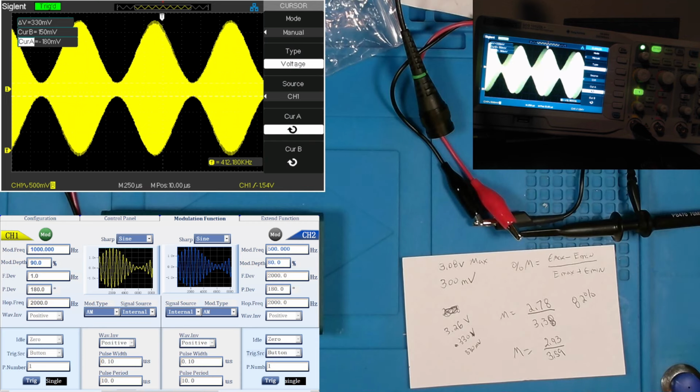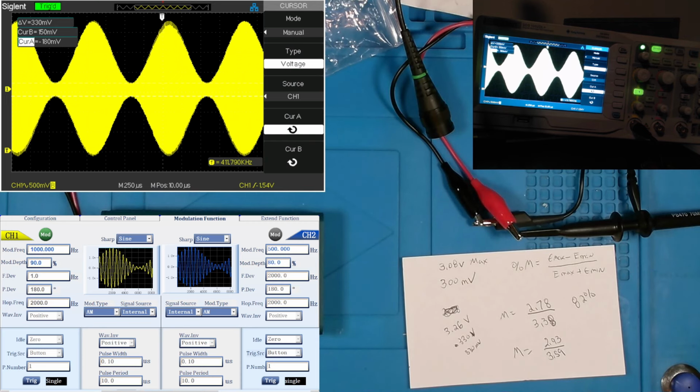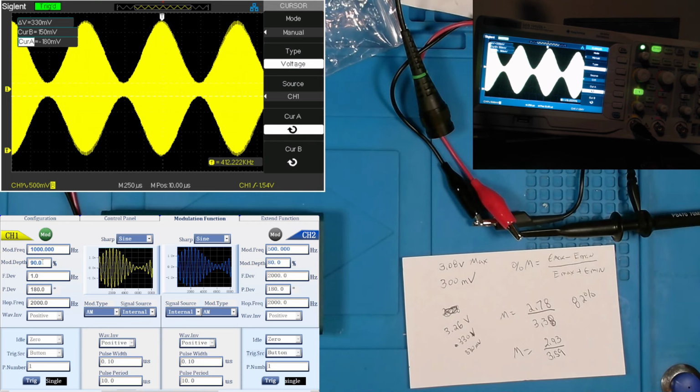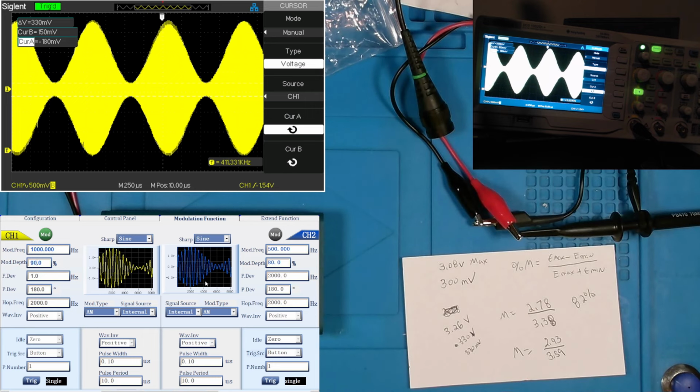To be honest with you, typically when I'm looking at a 90% modulated signal, it's going to look a wee bit closer, something more around that line right there. That's what I would expect.